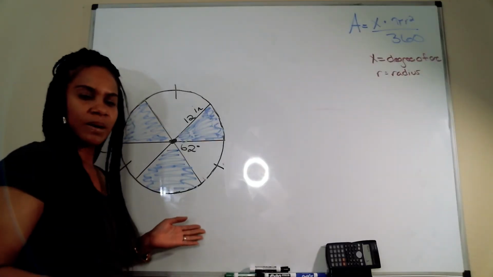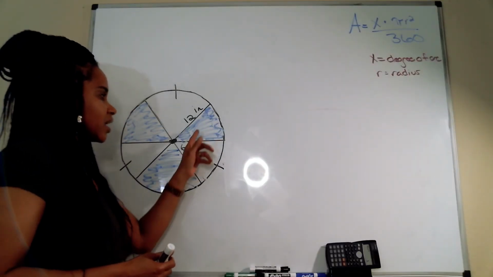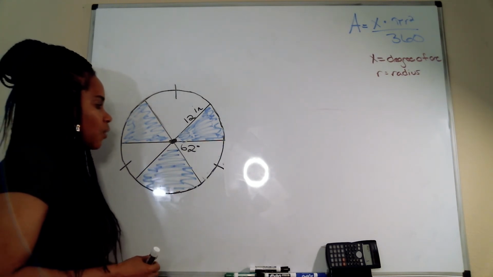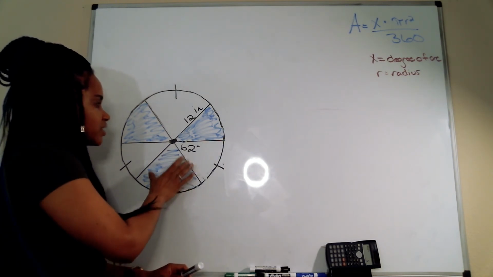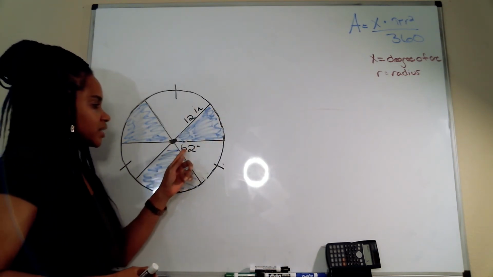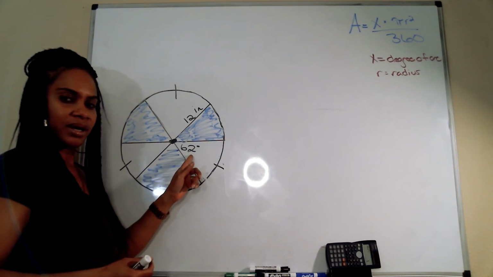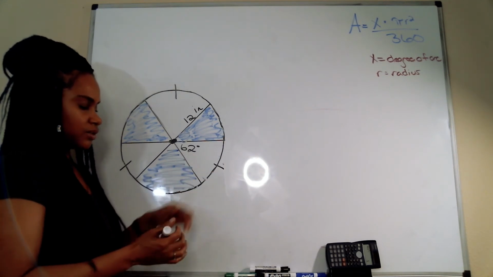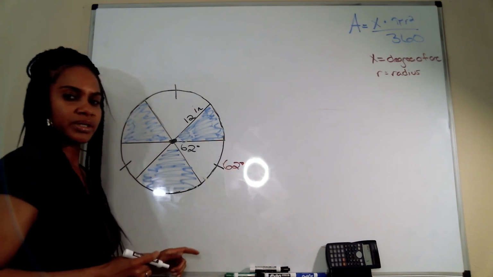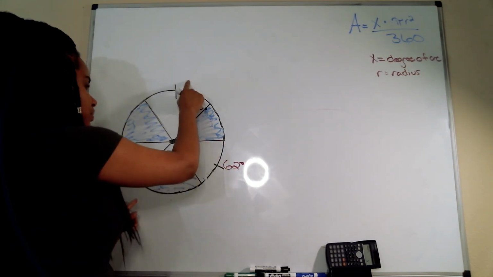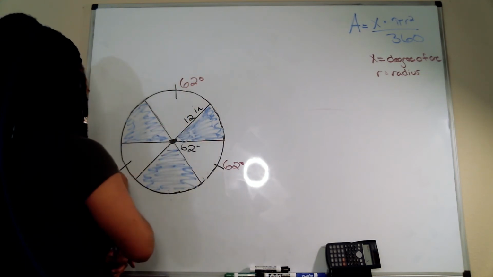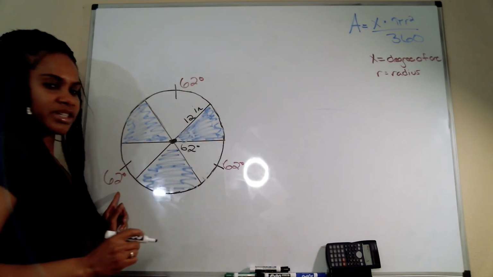All right, so the last problem I want to show you here has several sectors. All right, and so I want to find the area of all the sectors added together. So the information I'm given here is I have this 62-degree angle right here. So that tells me that this arc is also 62 degrees. And since I have these congruence marks, that tells me that the other arcs here are also 62 degrees.